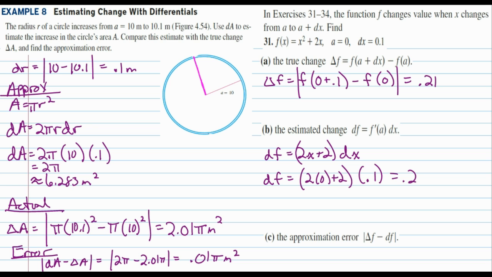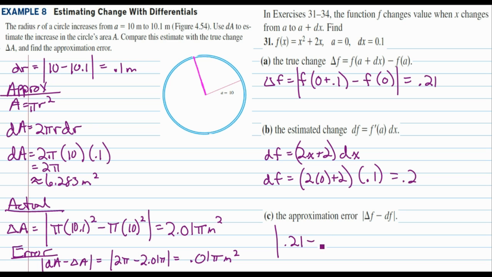So if we assume that at x equals 0, the function is changing at a constant rate, the same rate it was changing at 0, we could get an estimated change of 0.2. Now, of course, that's not it. The actual was 0.21. So our error in this case is the actual minus our estimate, and that is a mere 1/100th of a unit.